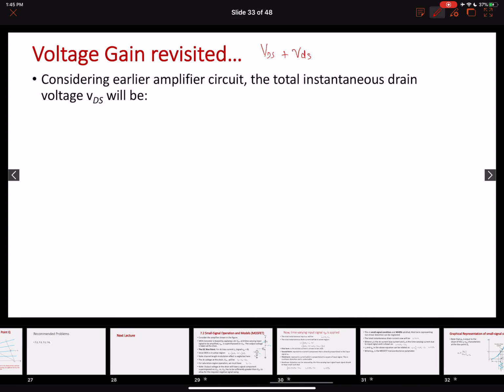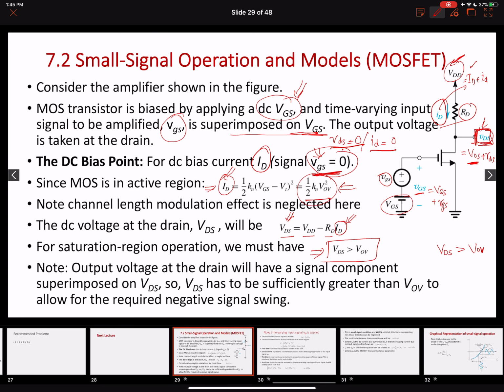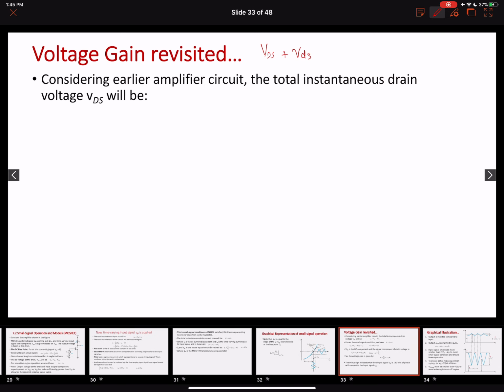However, if I go back to the circuit, this instantaneous vDS is equal to VDD minus the instantaneous iD times RD.